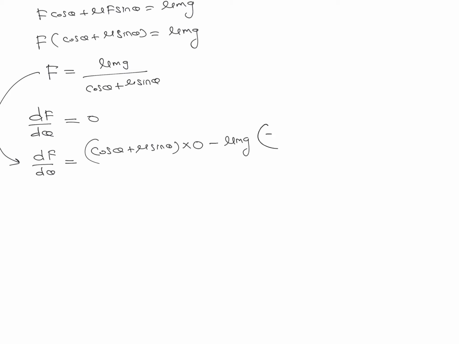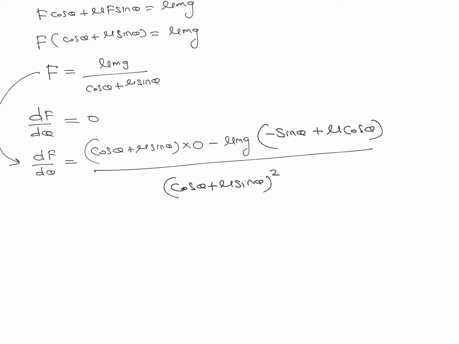Differentiation of cos theta is minus sine theta, plus mu is a constant, differentiation of sine theta is plus cos theta, divided by the square of the denominator, that is cos theta plus mu sine theta the whole square, and we can equate this to 0.